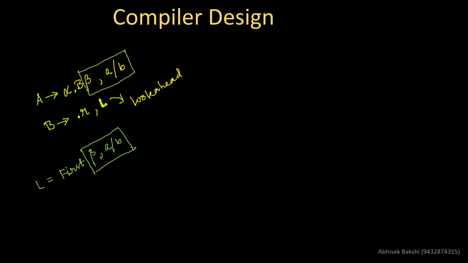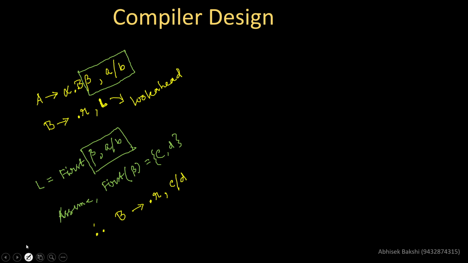If we consider that first of beta is equal to c or d, then I can say that I will write B to dot R, and after the comma I will write c or d. This is one situation we can have.